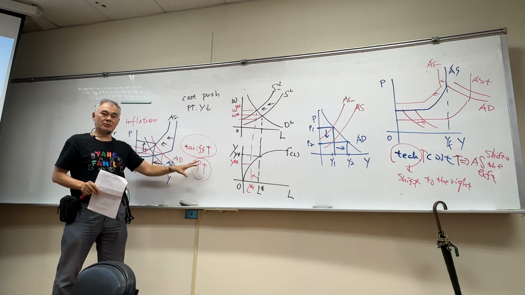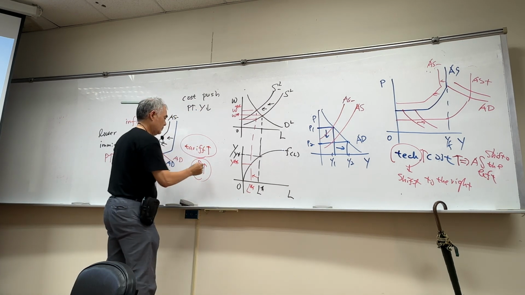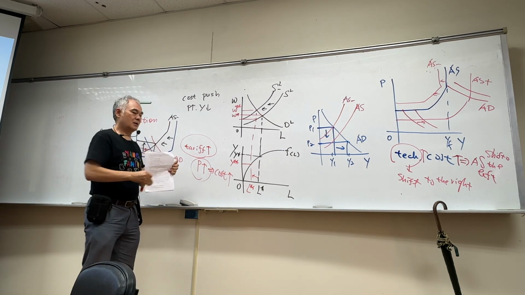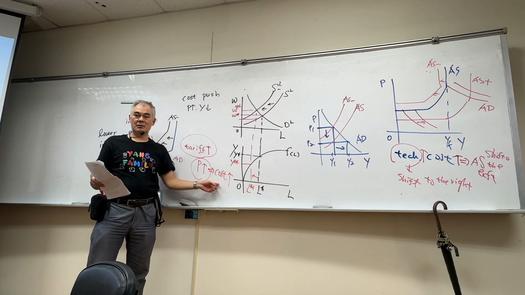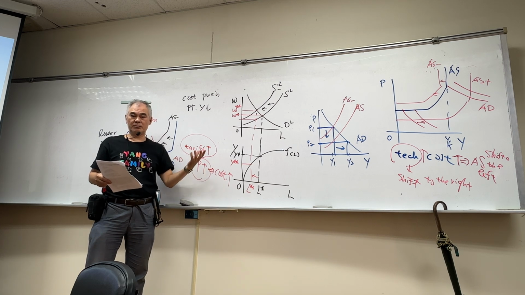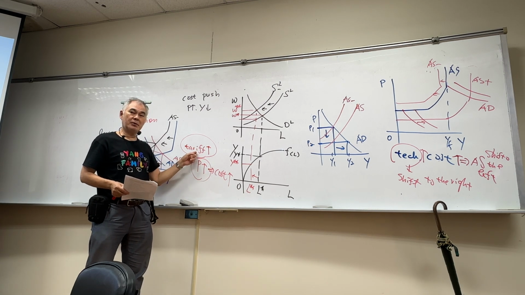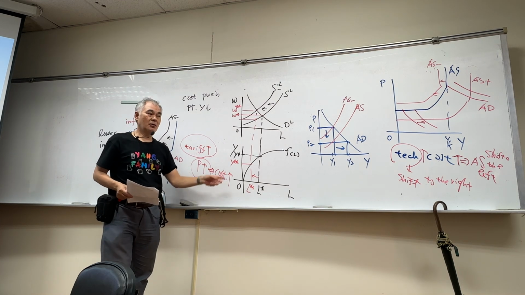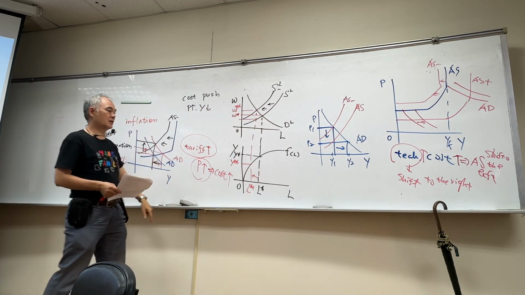Tariff goes up, price will go up. It means cost will go up, why? Because some of the materials are imported. Consumer goods, and some of the machine materials are all imported. So if your tariff goes up, it means the price level goes up, it means cost will go up. So the aggregate supply curve will shift to the left. That's the same thing.